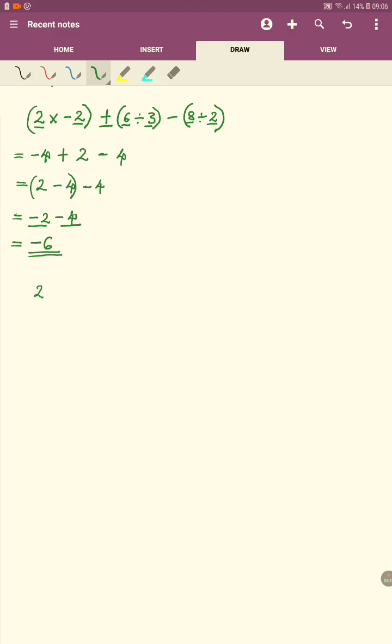2 plus 3 divided by 5 plus 2 times 1 minus 4.